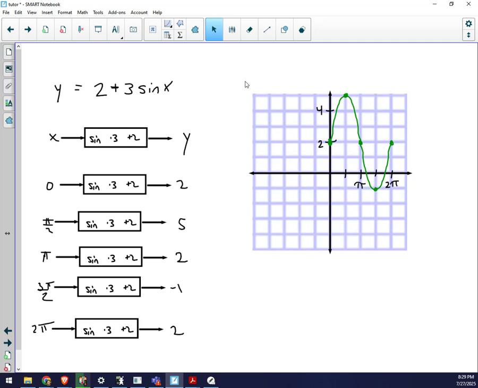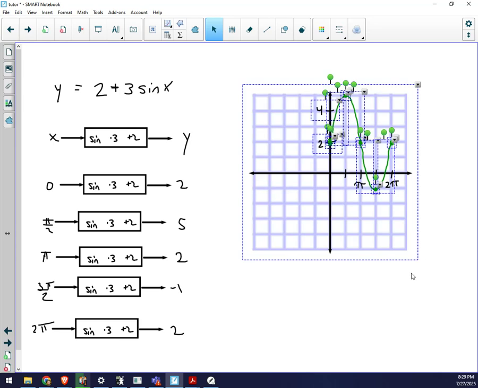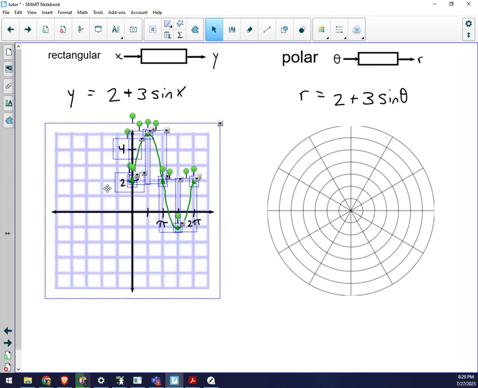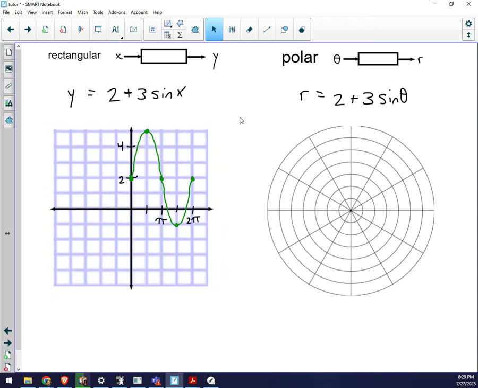Okay, so now I'm going to take this graph and see if we can correspond it to the polar function r equals 2 plus 3 times the sine of theta. This starting point, 0, 2, is where theta, the angle, is 0 and the radius is 2. Well, that would be this point right here.